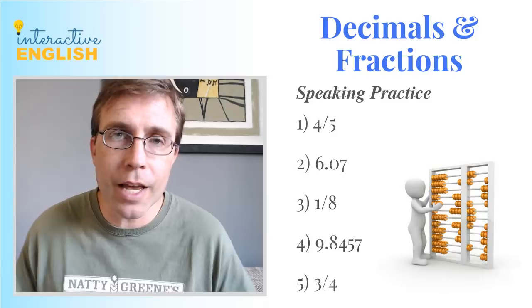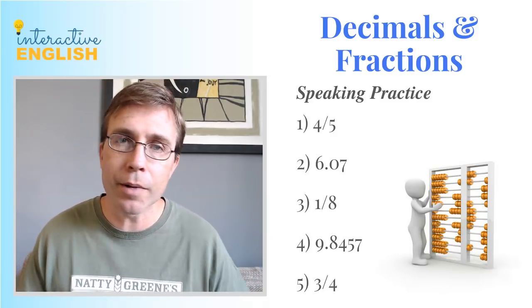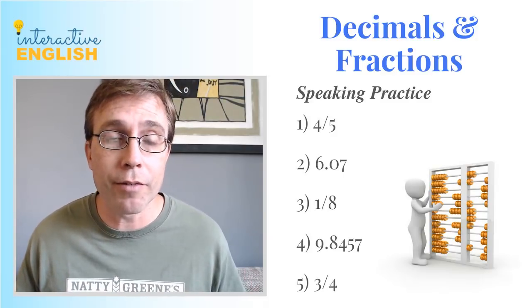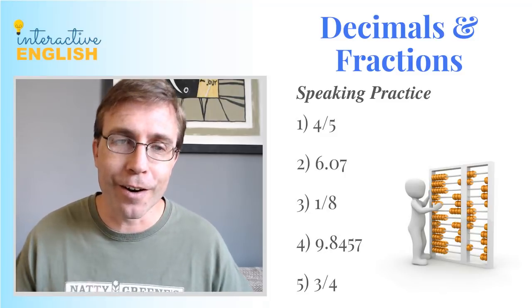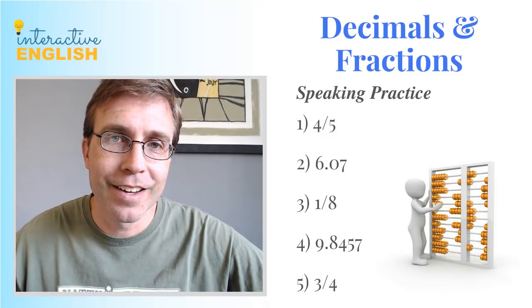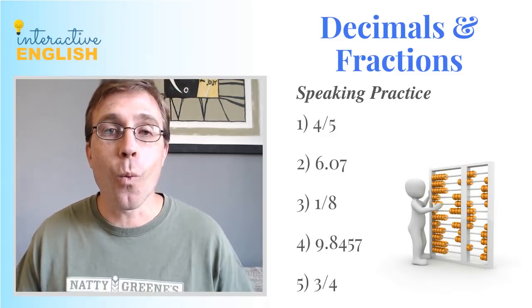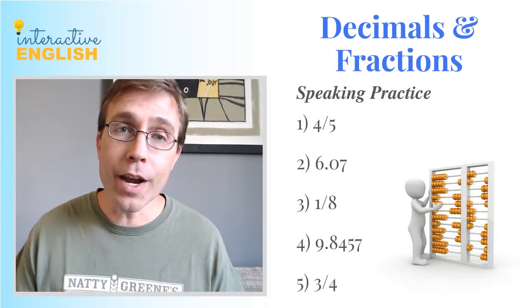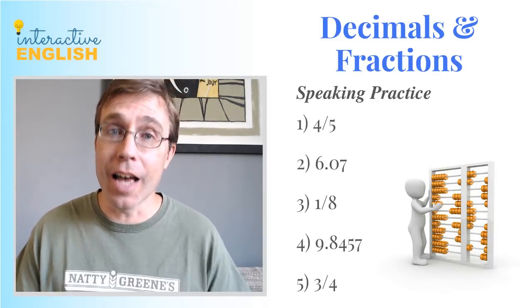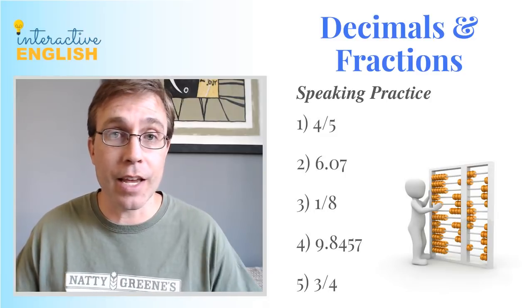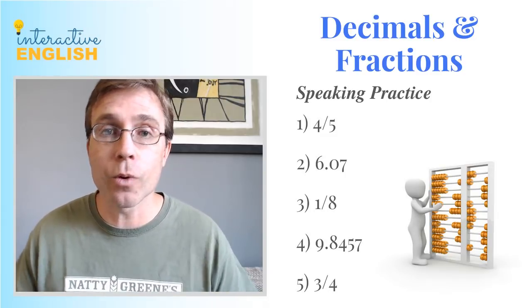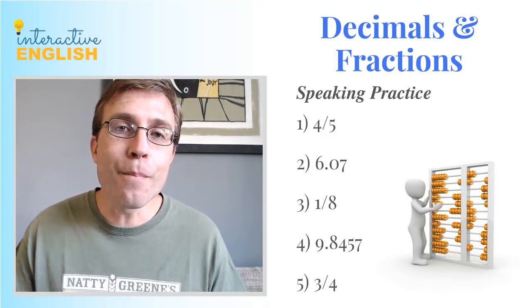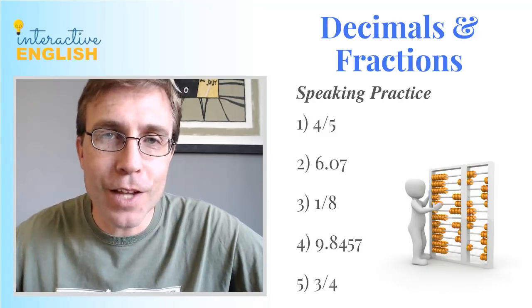You could also say six point zero seven, that's fine, but I would tend to say six point oh seven. Number 3, all right? Say number 3. One eighth. You could say an eighth if you want to just say it without the 1. One eighth or an eighth.